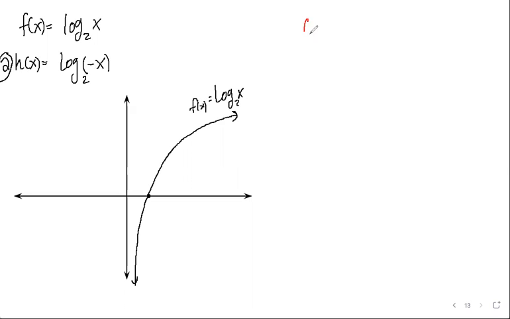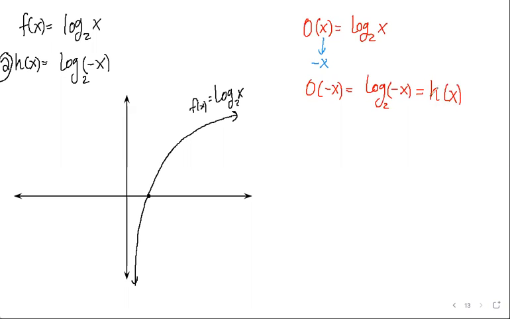I'm going to explain. My original function f of x is logarithm x to the base 2. We plug the minus inside, so I get log of minus x to the base 2, and this is actually equal to h of x.